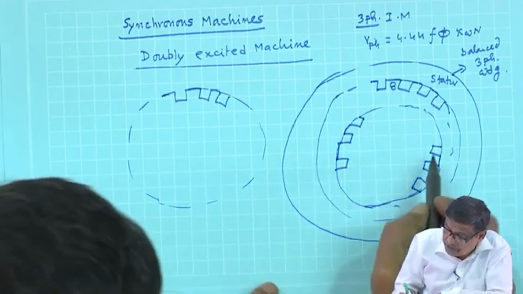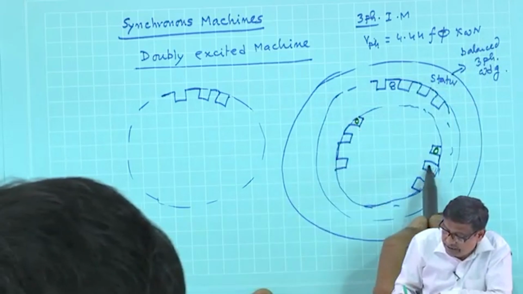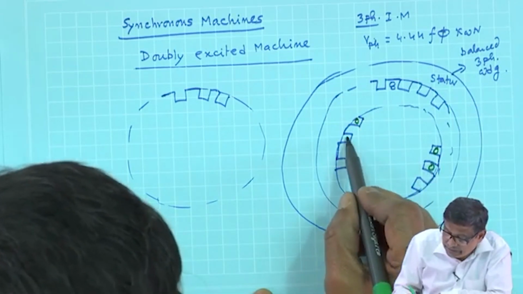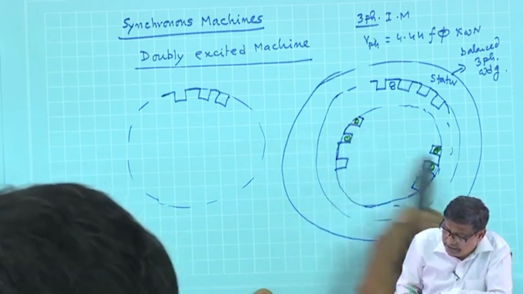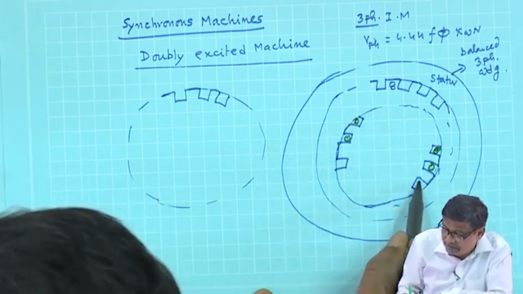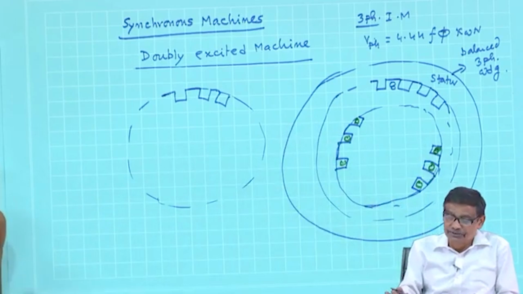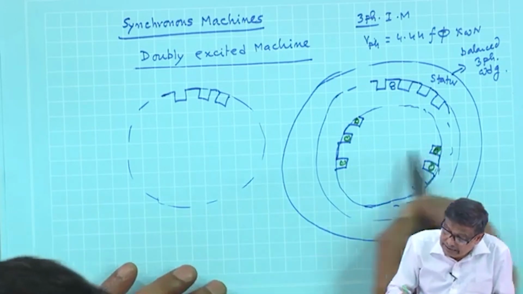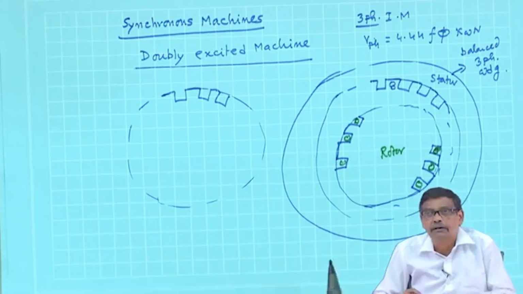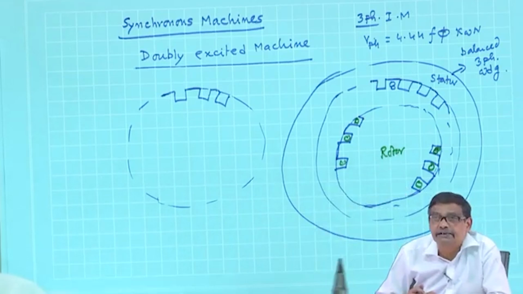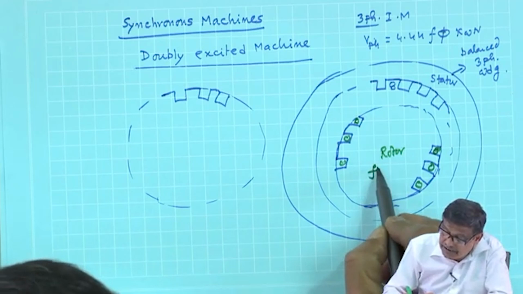Simply you take a piece of wire, go there, at the back you come out, go to the next slot, come out. It is a simple winding, no question of 3-phase. This is the rotor winding, to which you connect DC excitation, DC current, and this is called the field coil.